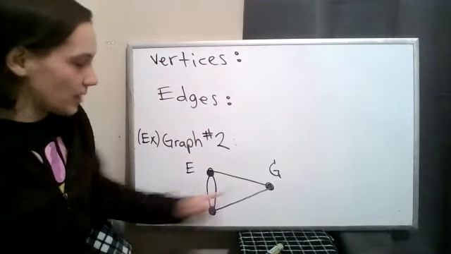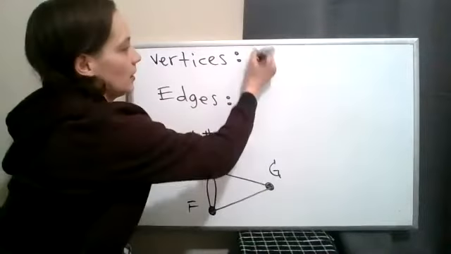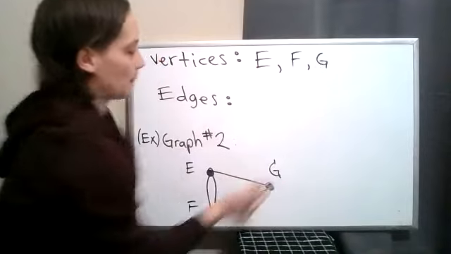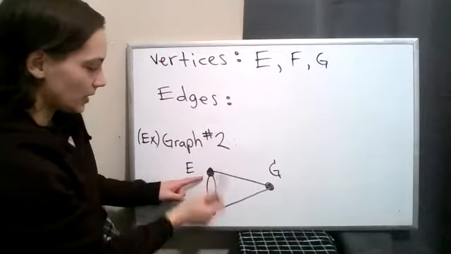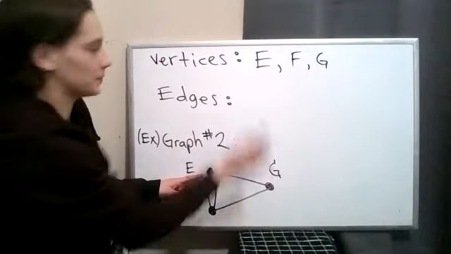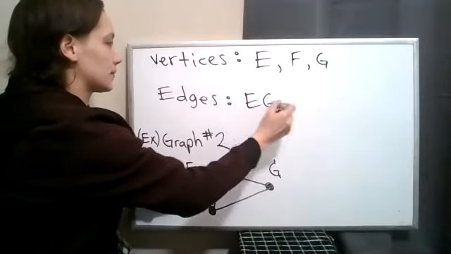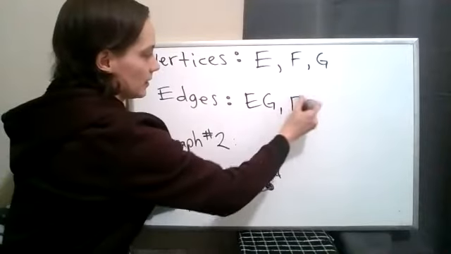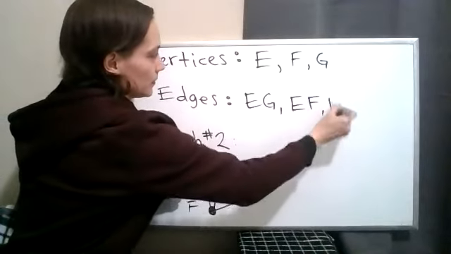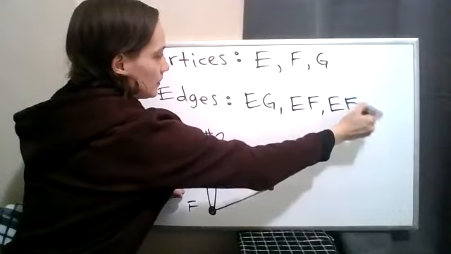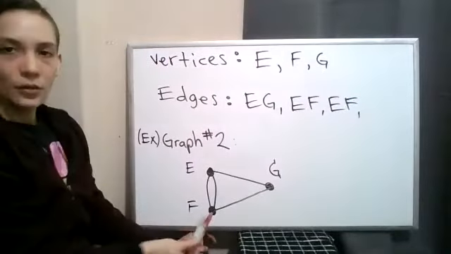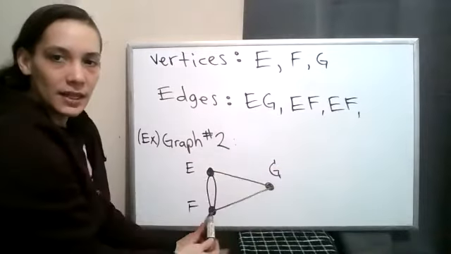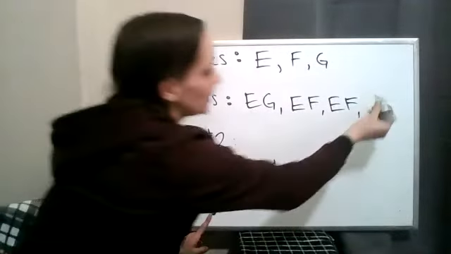So E, F, and G are our vertices. Starting with E, E goes to G. E goes to F 2 times. We already have FE, FE right there. FG needs to be listed.